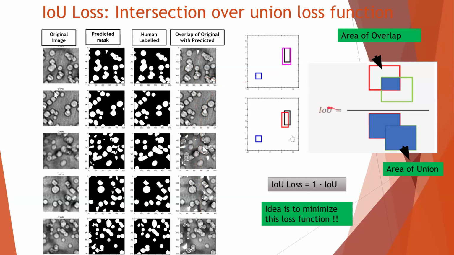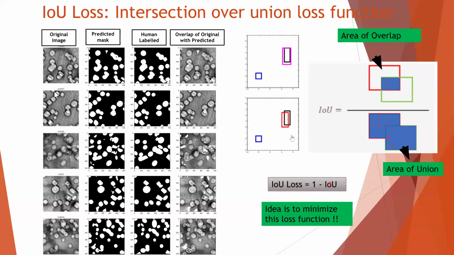Now, what is IOU? We know that if this is a predicted mask versus this, and if they overlap totally on each other, and the answer is 1, we are successful. That's what we want, a perfect overlapping, but we don't receive these results. So here is the IOU loss, which we do with 1 minus IOU.